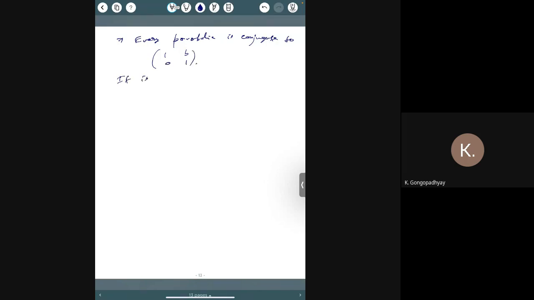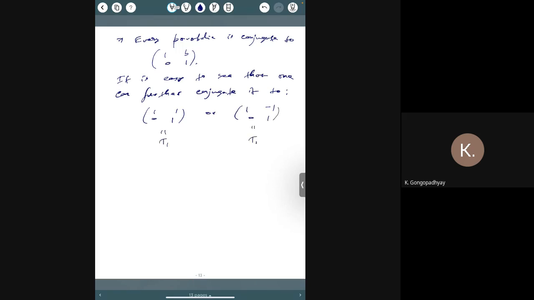Now it is easy to see that one can further conjugate it to (1 1; 0 1) or (1 -1; 0 1), call them T1 and T2, and T1 cannot be conjugated to T2.